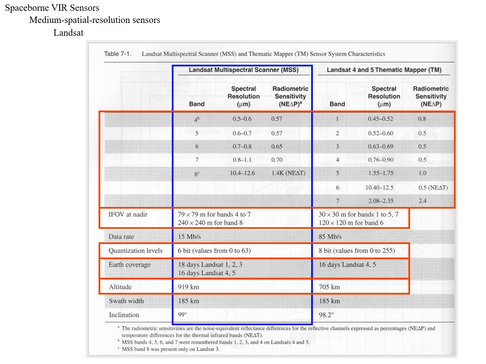So you get the problem of having to mosaic early MSS data together in order to have a tile that includes both, say, a Landsat 4 TM image and a Landsat 3 MSS image, and it becomes a tremendous pain in the neck.